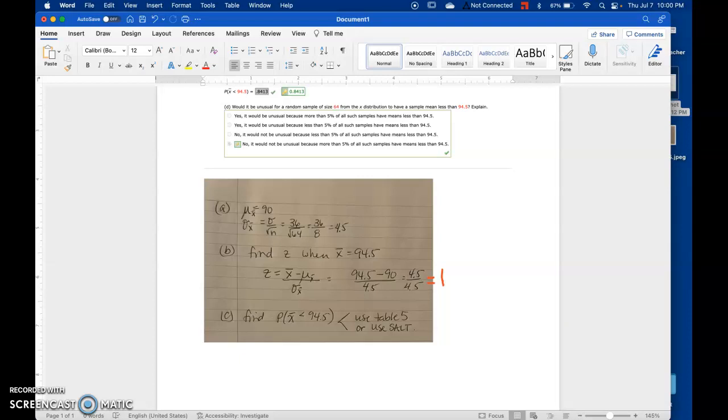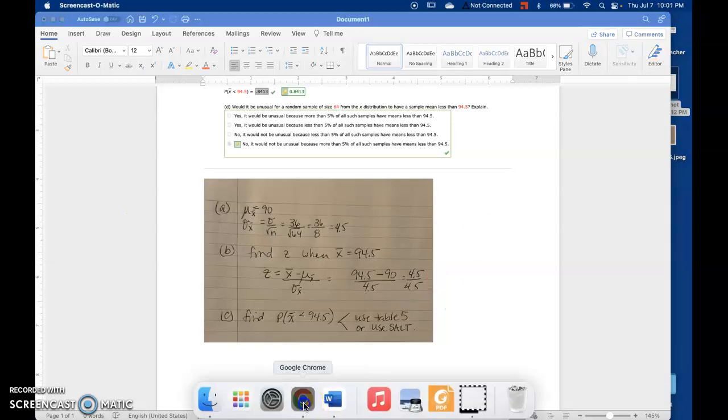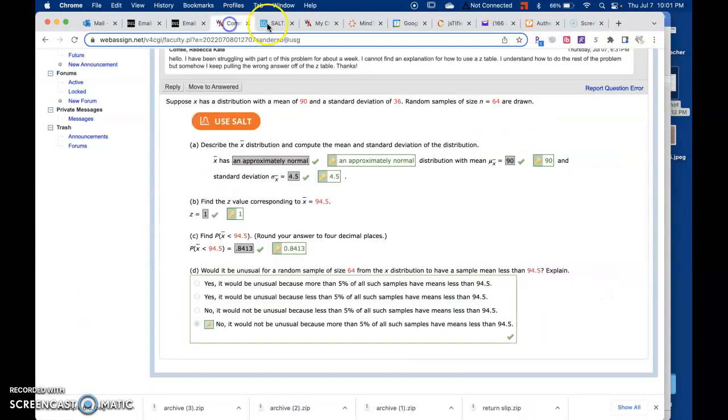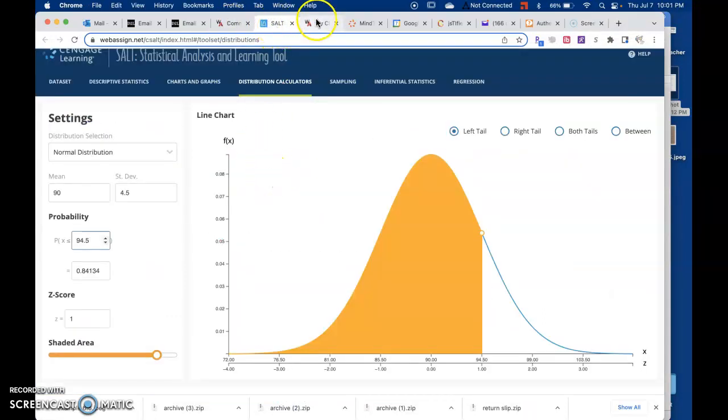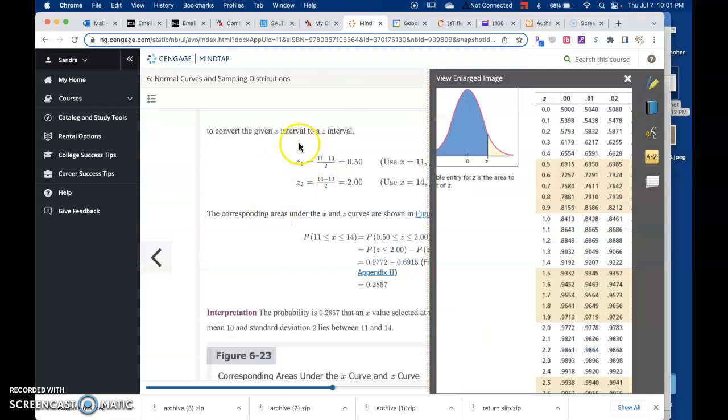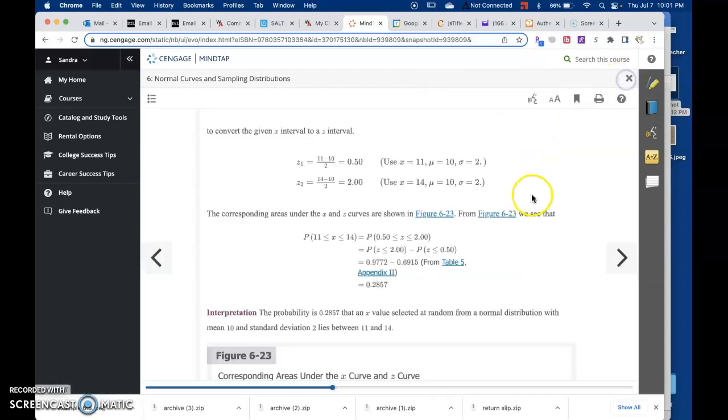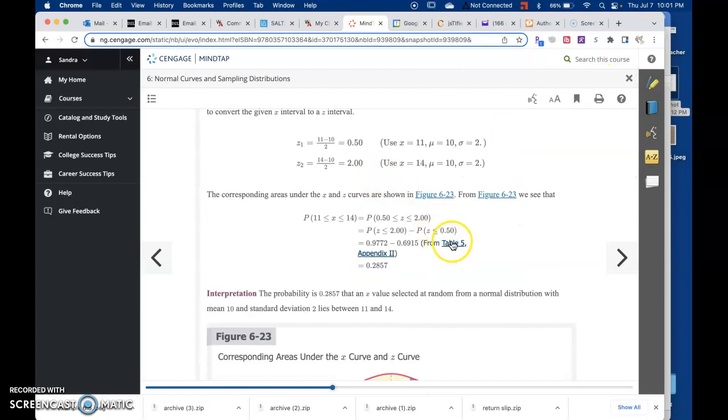Let's exit drawing. Okay, so let's go to the book, and if you'll go to the table at the back, you can click on it or you can go to the very back of the book, table 5 in appendix 2.